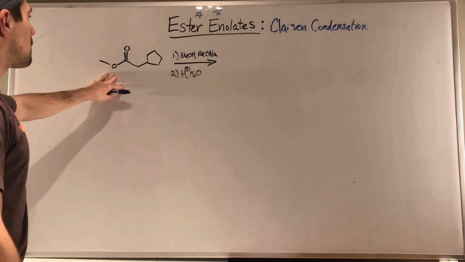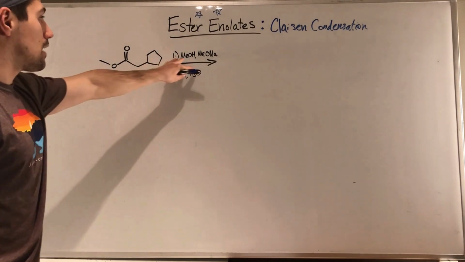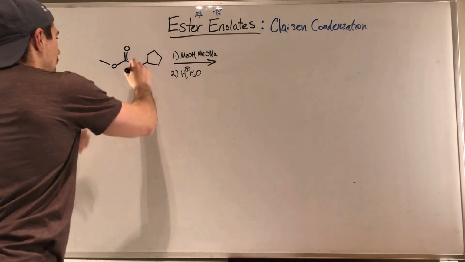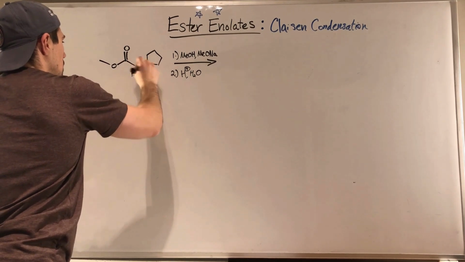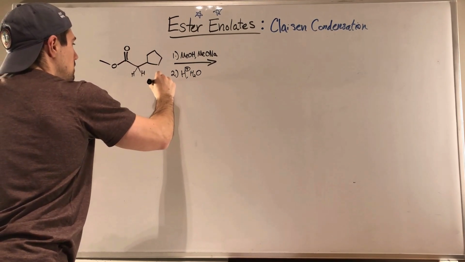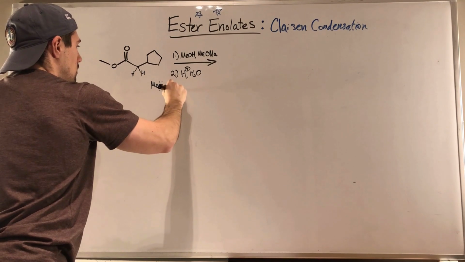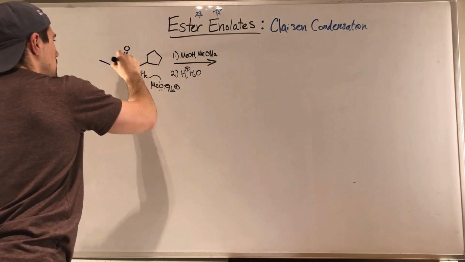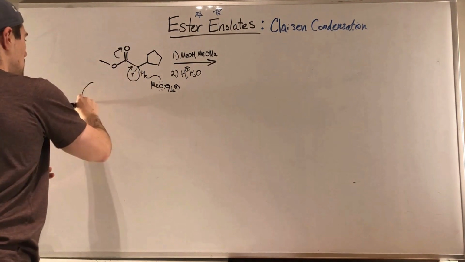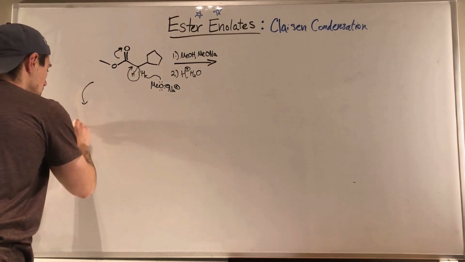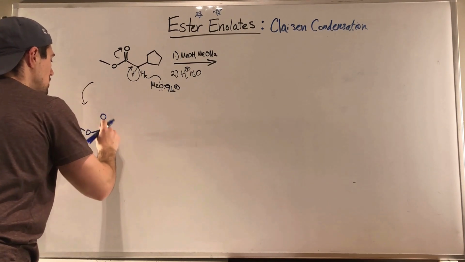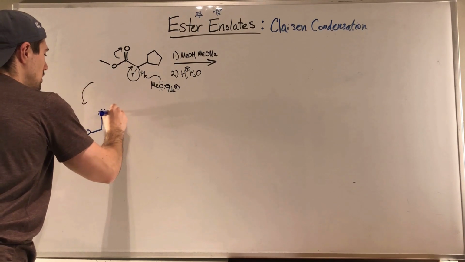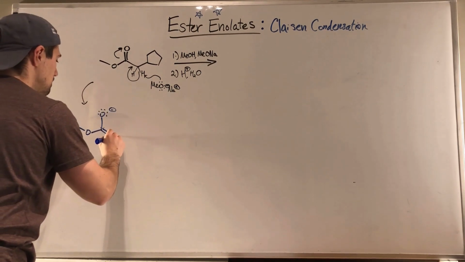So because we see that we do have an ester here and the means to do it, we will make an ester enolate. So that would happen by methoxide performing an alpha deprotonation. I'm going to start with the mechanism back down here. Going to run through this a little bit faster than the previous one. So we do formulate the ester enolate right here.